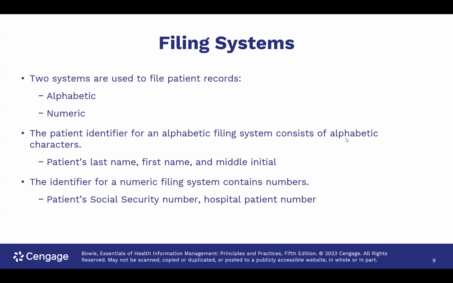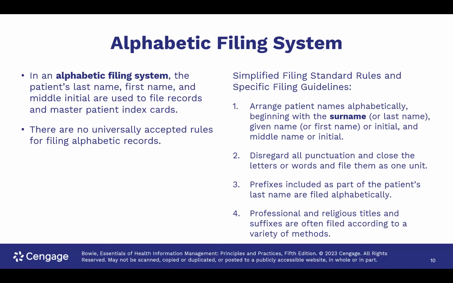We talked about filing systems a little bit, but as discussed, in addition to the different numeric types of filing systems, we also have alphabetic filing systems, and typically this goes with the patient's last name, first name, middle initial. In an alphabetic filing system, we basically are using the patient's last name, first name, middle initial to file records and master patient index cards in alphabetical order.